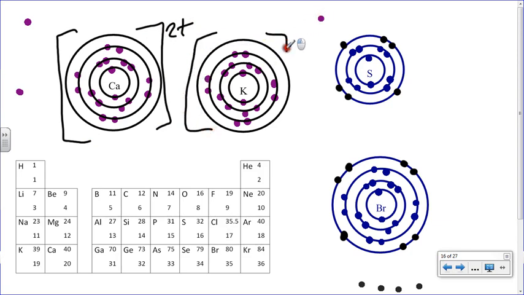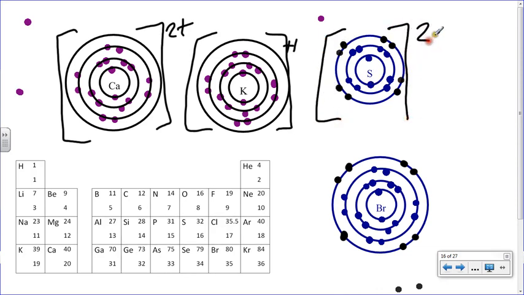It's going to have a charge of positive 1. Sulfur needs to gain 2. And bromine, of course, will gain 1 because it's in group 7.